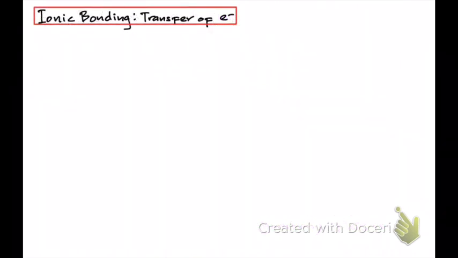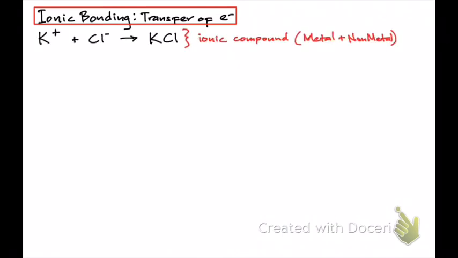So now let's compare ionic bonding to covalent bonding. In ionic bonding, you have the transfer of electrons, whereas in covalent bonding, you have the sharing of electrons. So how are electrons transferred from a metal to a non-metal in ionic bonding? Let's take a look. For example, you have a potassium cation and a chloride anion forming an ionic compound, potassium chloride.